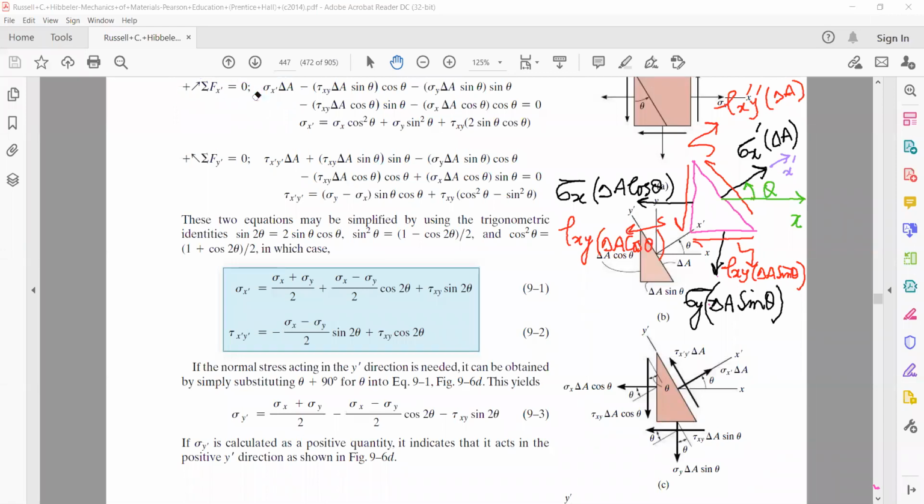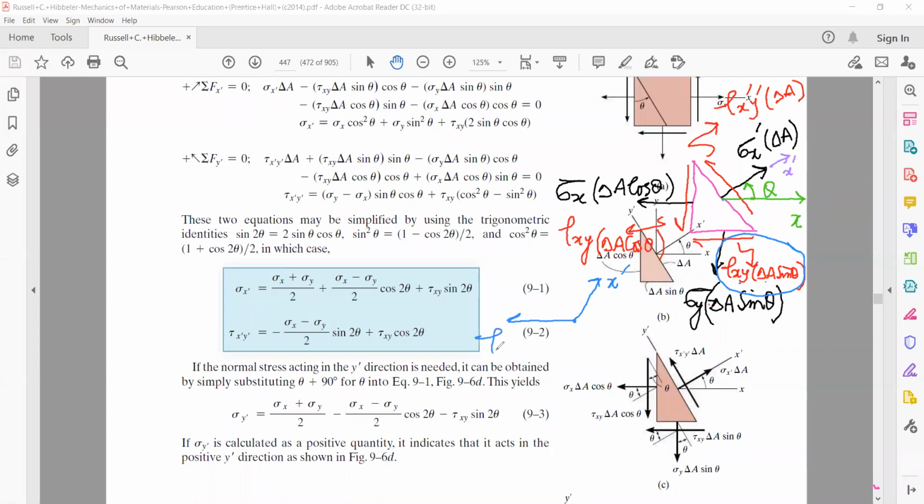What is the next force acting along the x prime axis? The next force is tau xy delta A sine theta, this force. This force essentially is acting along the negative x-axis. I will draw it here. This is our sigma x, this is our x prime axis, and tau xy delta A sine theta is acting along this direction.